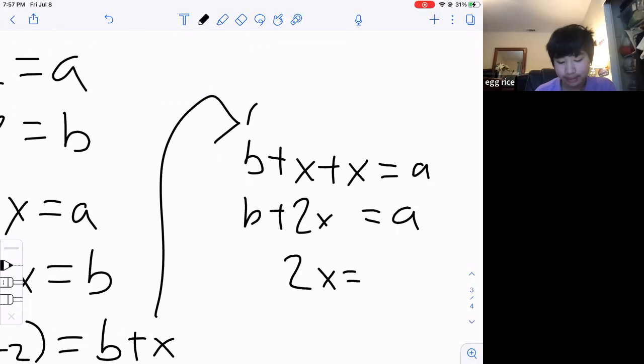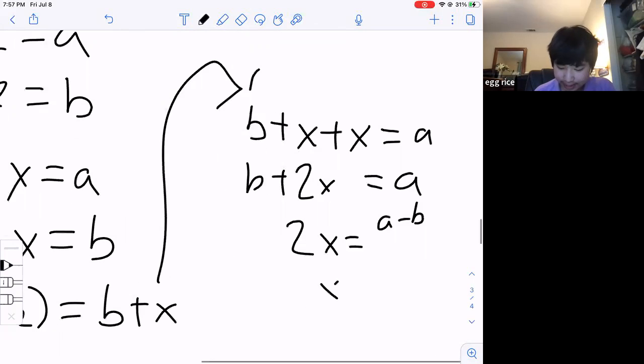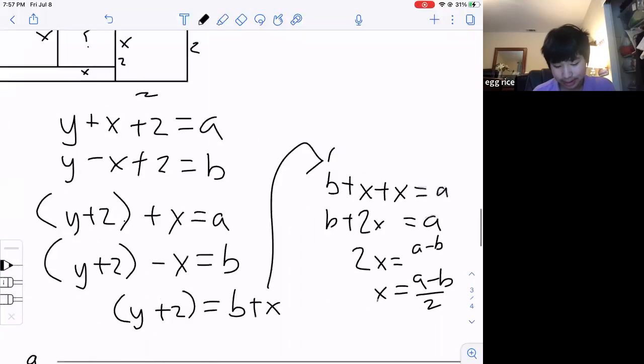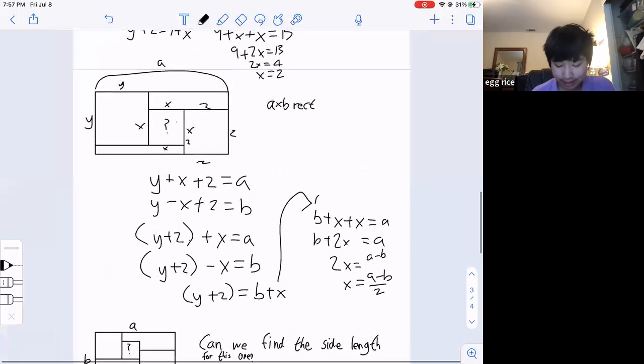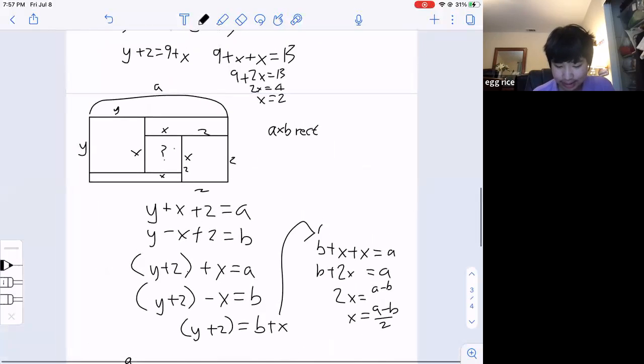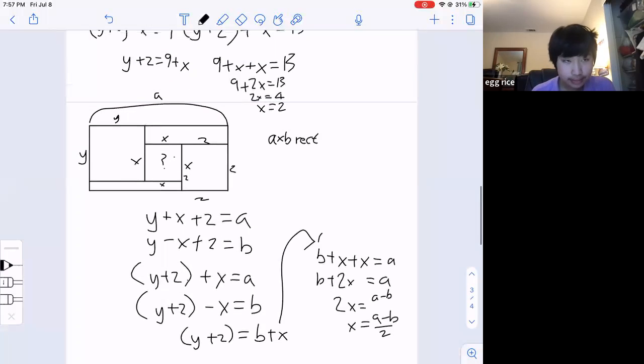We can just take B from both sides, A minus B, and we get x equals (A minus B) over 2. Okay, so I kind of rushed through this, but this is how we can figure out the relationship between x and A and B.